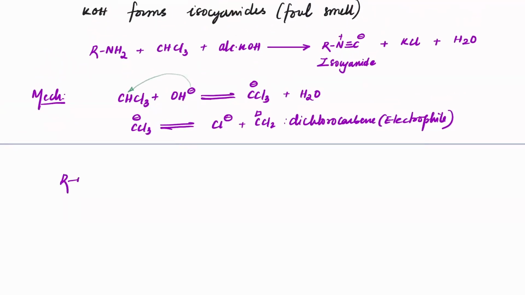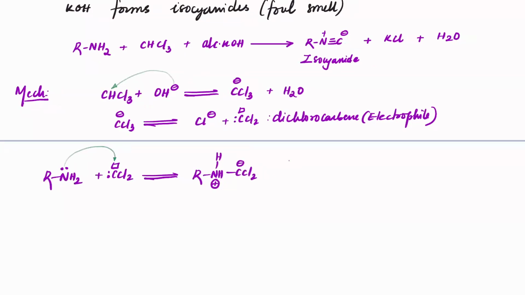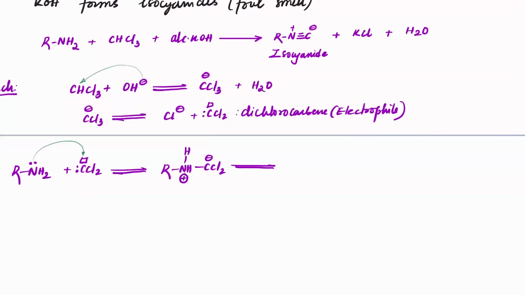Now the amine, as a good nucleophile, will attack the electrophile CCl2, which has an empty orbital like this. So this lone pair will connect, and that will become RNH2 with CCl2 carrying minus and plus charges. Internally you will see proton transfer take place.